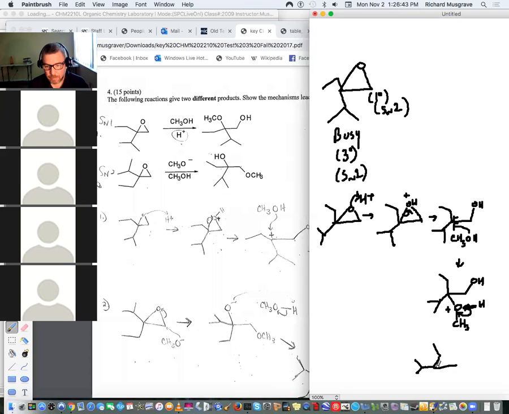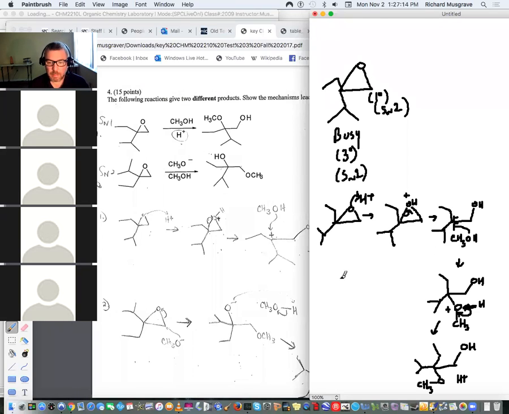Is that arrow going from the HO bond to the O? It is, yeah. Not to the bond. Okay, yeah, I figured. All right, so that would be for the top one.